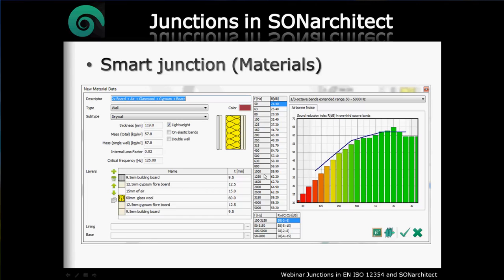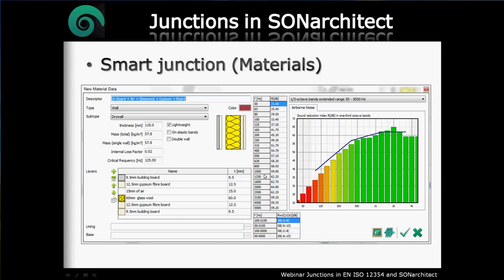I mean, when you assign a material to a given element, you draw a wall and then assign a material. This material will be a heavy wall or a light wall or maybe a light facade or whatever. And in any case, this information is already in the model, so SONarchitect uses it to assign the correct model to this specific junction.